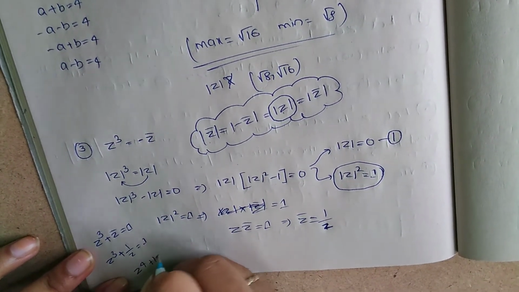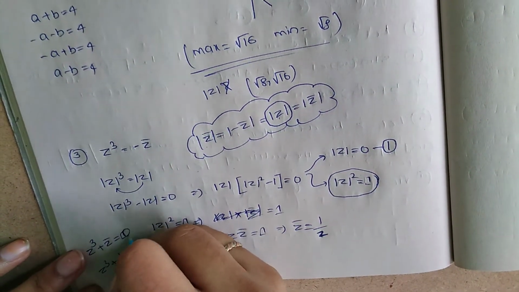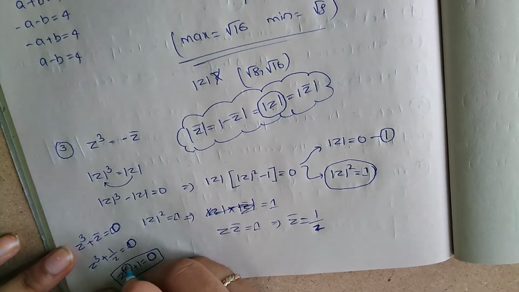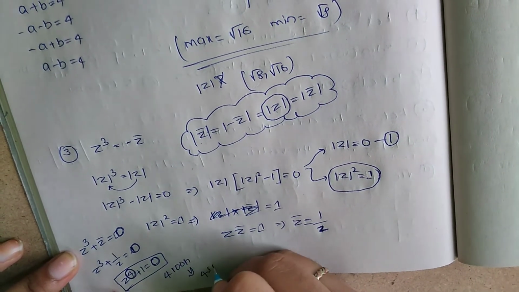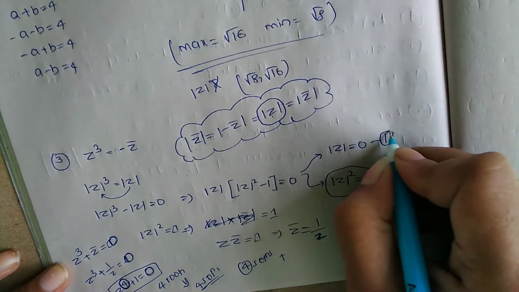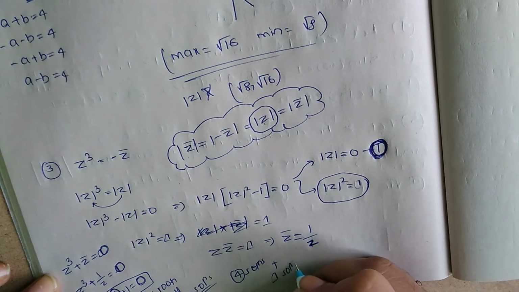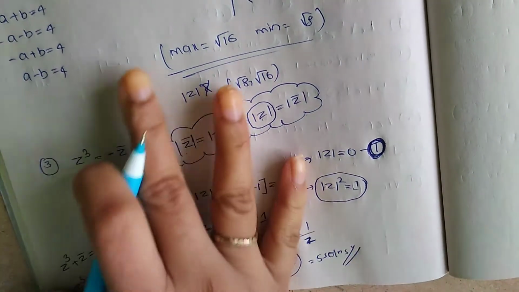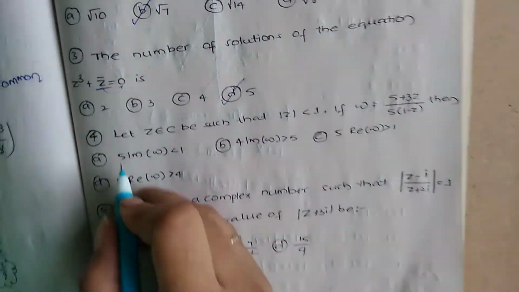Z power 4 plus 1 is equal to 0, it is given as 0, right? So this is a fourth degree equation. So 4 roots, I mean 4 solutions, plus 1 solution over here. Don't forget that. Okay, 5 solutions. So what is our answer? 5 solutions. Okay.